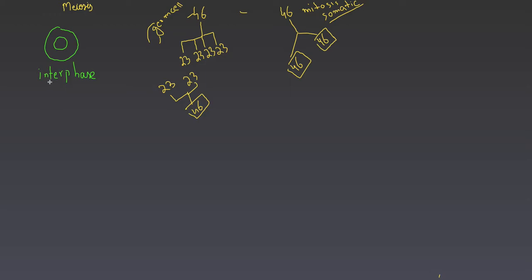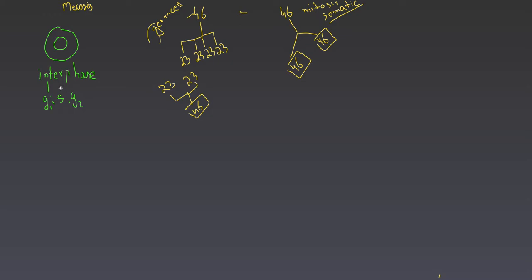And the interphase, as we know, has been divided into a G1 phase, an S phase, and a G2 phase. Whether we are talking about meiosis or mitosis, they are both the same till here, and later on there's a little difference.